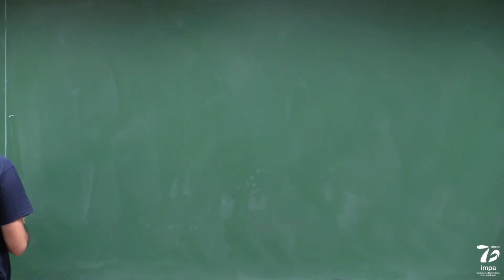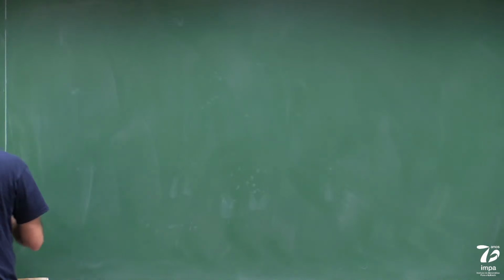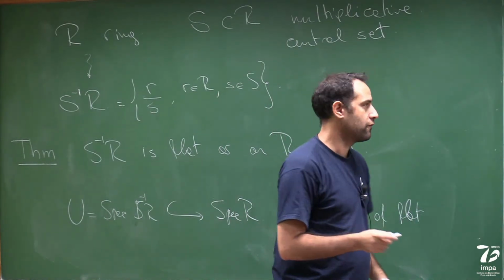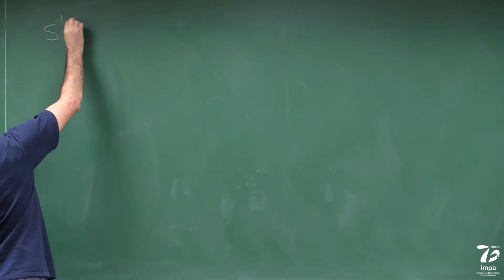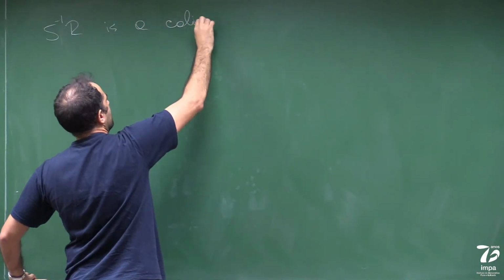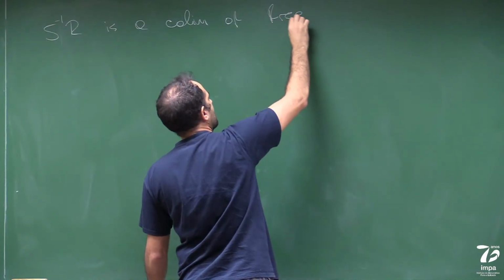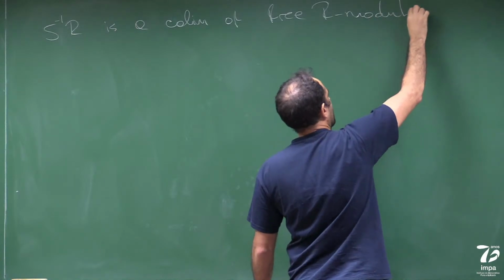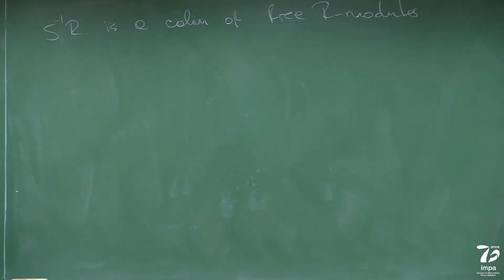And so how do we prove that? We're going to prove that this guy here is a colimit of R modules that are free. So S inverse R is a colimit of free R modules, as an R module, not as a ring.